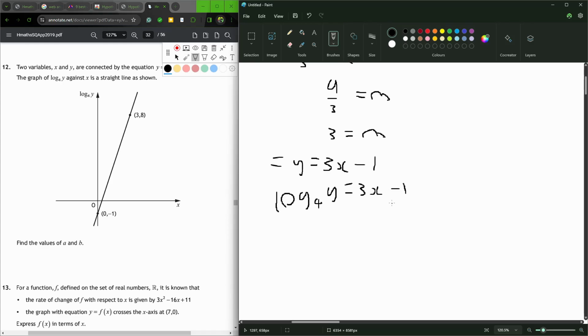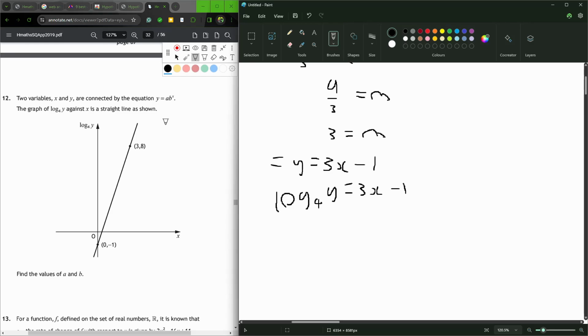Okay, so that means we're going to have to do some good old-fashioned rearranging. Alright, so we're going to remove logs from the side, and we're going to have everything thrown up. So essentially it looks like that. So it's y equals 4 to the power of 3x minus 1.